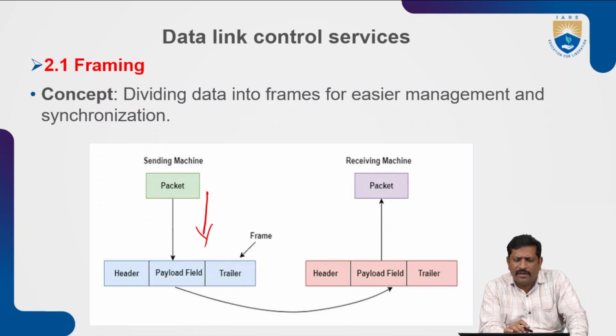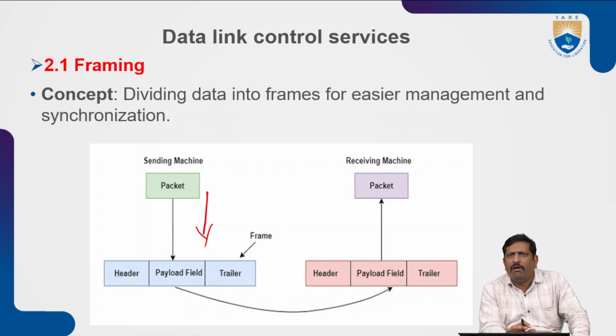When it comes to the data link layer, it divides the data into a number of frames. Whatever data we are transferring will be divided into a number of frames. These frames are very easily managed and synchronized.